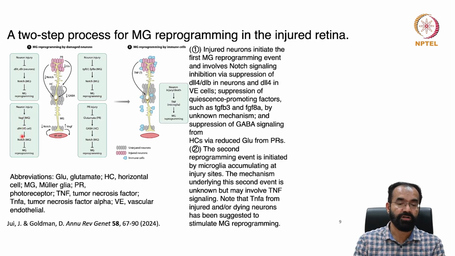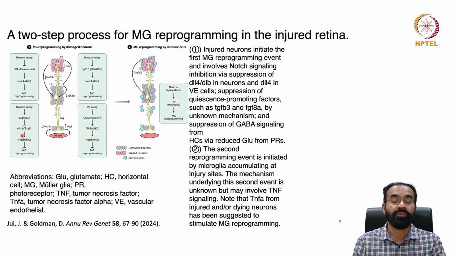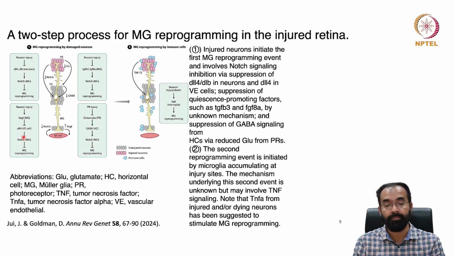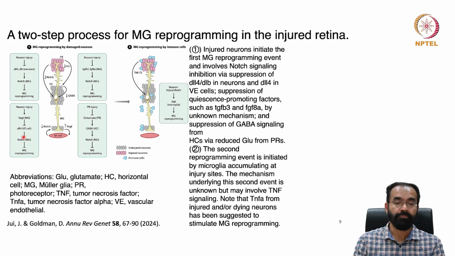Unlike the stimulation that you see here, it can inhibit, and it can favor the production of notch, and that also can favor Muller glia reprogramming. So you can understand, and also various neuronal signaling comes into the picture, like GABA and glutamate. We will not dwell on those right now.